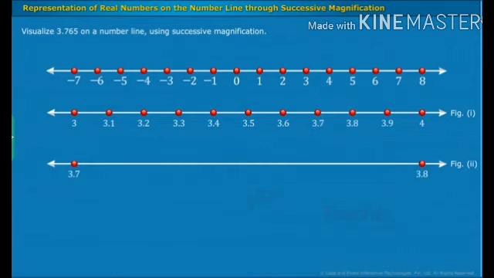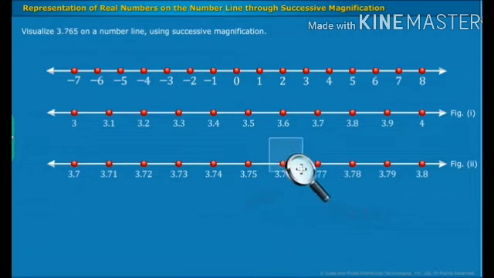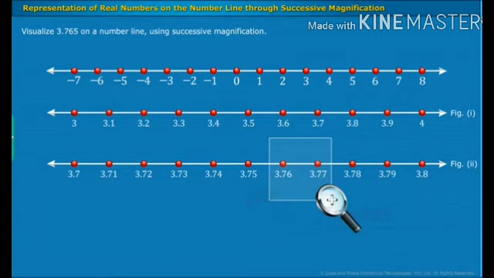So, let us now divide this portion into 10 equal parts and represent them as 3.71, 3.72, so on up to 3.8 as shown in figure 2. As before, now we can visualize through the magnifying glass that 3.765 lies in between 3.76 and 3.77.